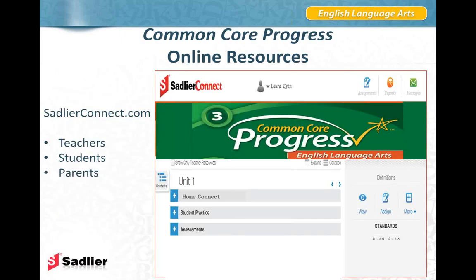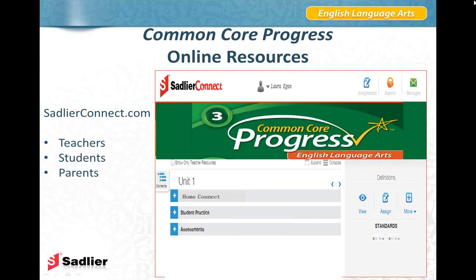Talking about online resources, we have resources at sadlierconnect.com, which is our new platform. As you can see, it's very clean, it's very easy to navigate, it's simple. There's something here for teachers, for students, and for parents, for the home use. It's all right here.